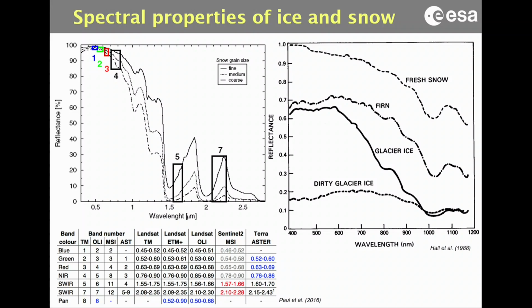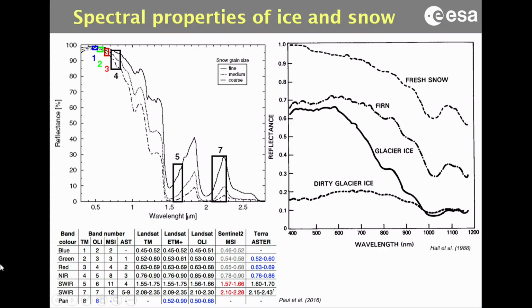And there's also a publication where I have created this table. The colors indicate the different spatial resolutions. So black here means 30 meters, and gray is 10 meters, red is 20 meters, and blue is 15 meters.